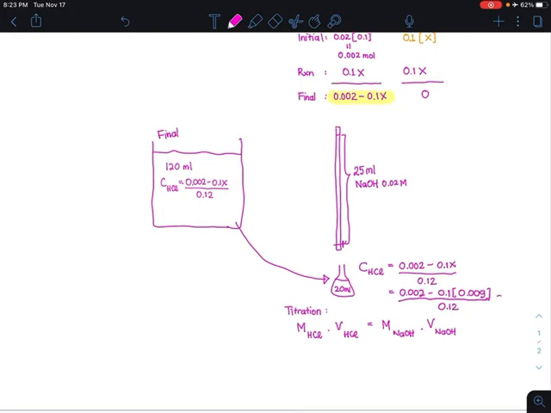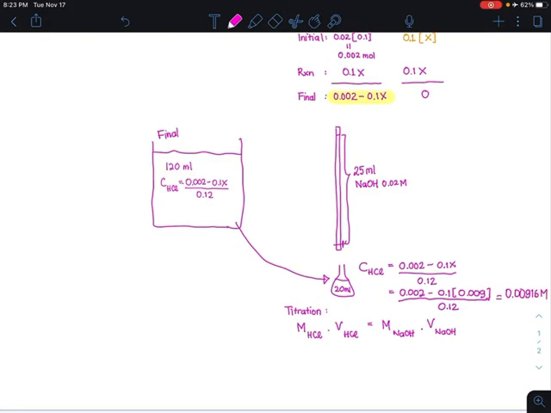Okay, you can press your calculator. 0.002 minus 0.0009 divided by 0.12 will be 0.00916 mole per liter.